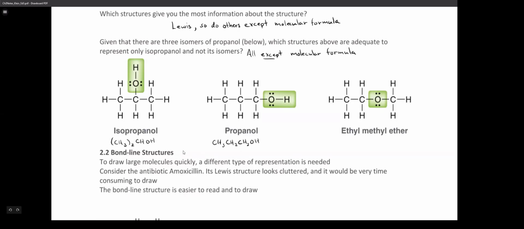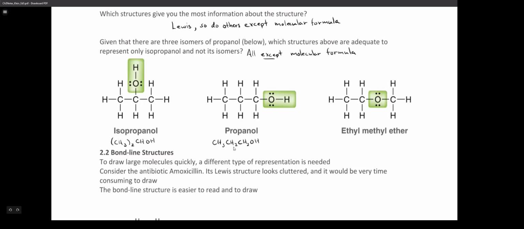Okay, so there's clearly a difference there, right? Two CH2s, no CH, in terms of the way you do this. And again, there's more than one way to do a condensed structure. The key thing to understand is you list carbons and then all the hydrogens bonded to it next. Then the next carbon and all the hydrogens bonded to it next.